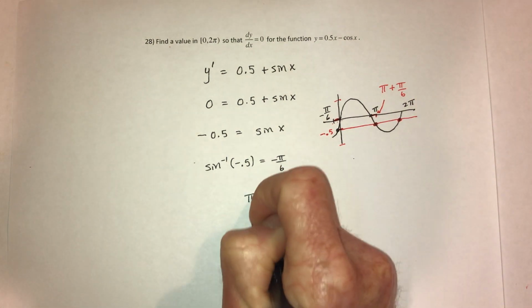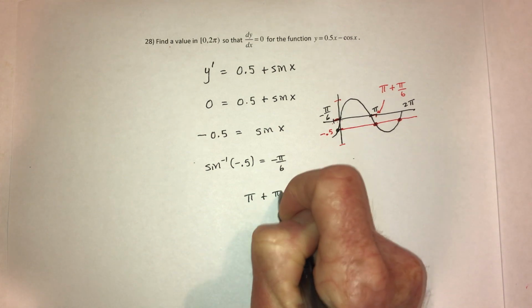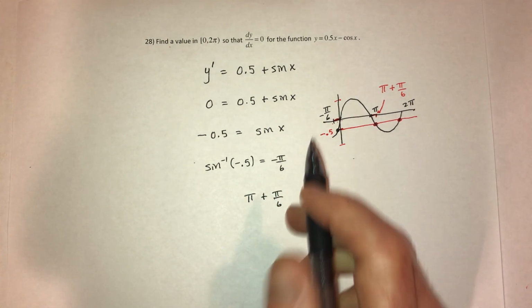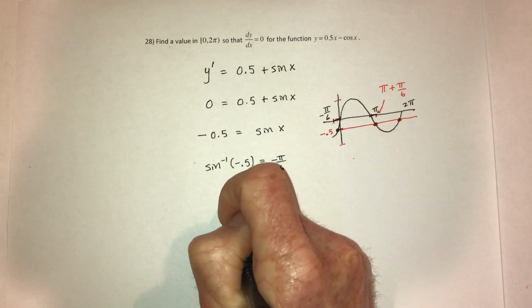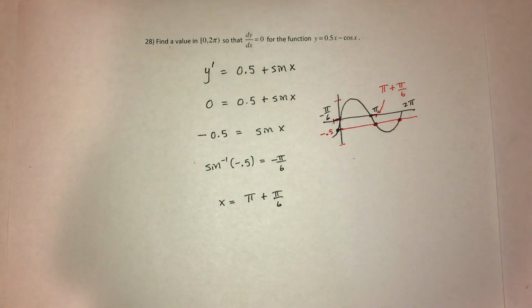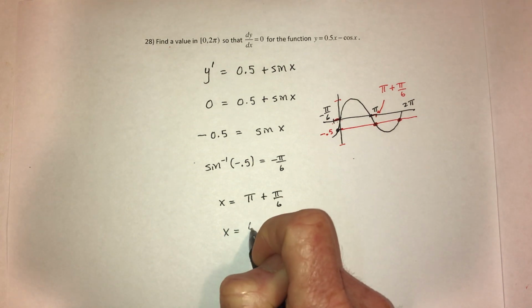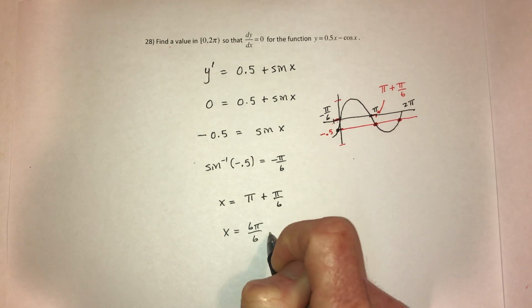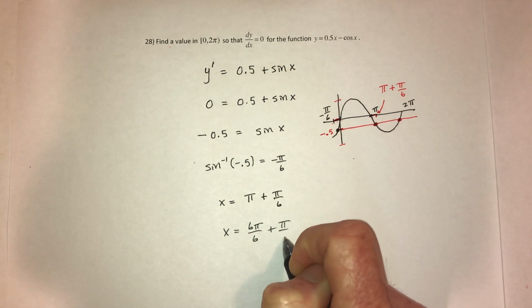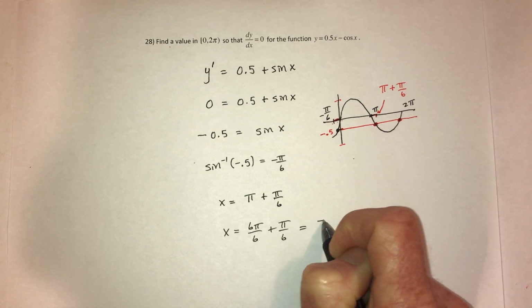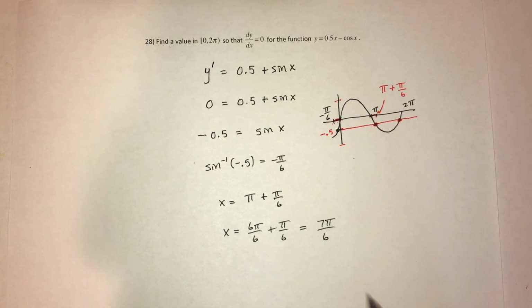So x equals pi plus pi over 6, which is 6 pi over 6 plus pi over 6, so that equals 7 pi over 6.